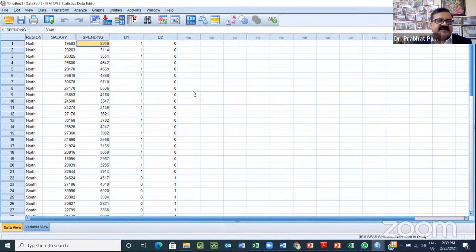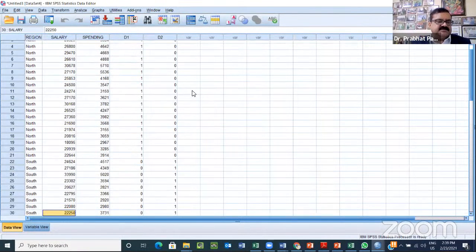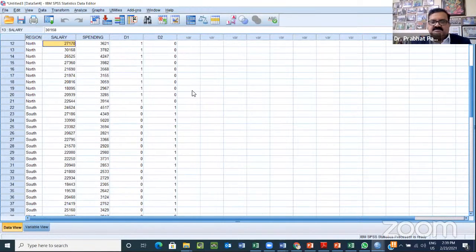And this is the public spending on the college or school, wherever this salary is considered. So these are the public spending figures. Now, we want to know: is there any significant difference in the salary given in the three regions? So that is the problem.